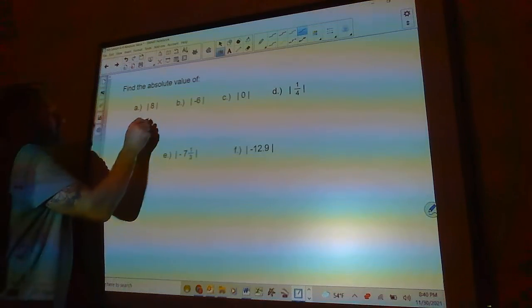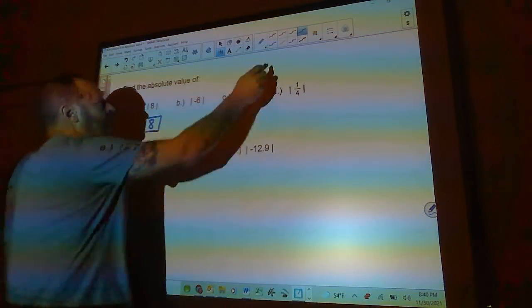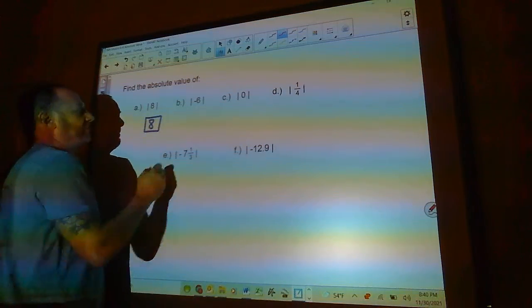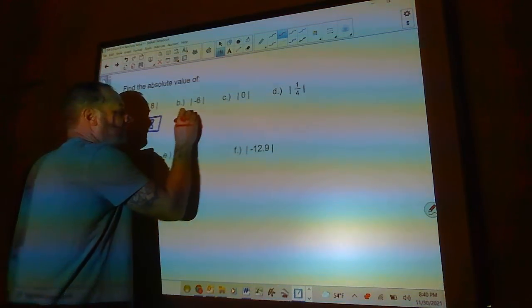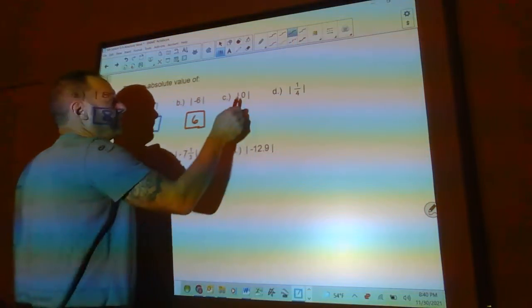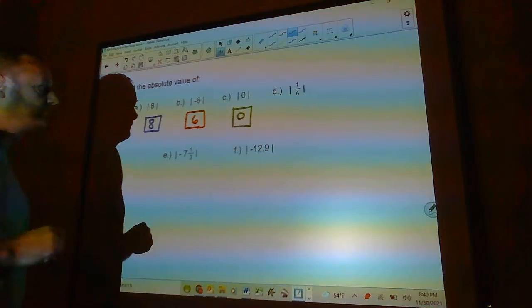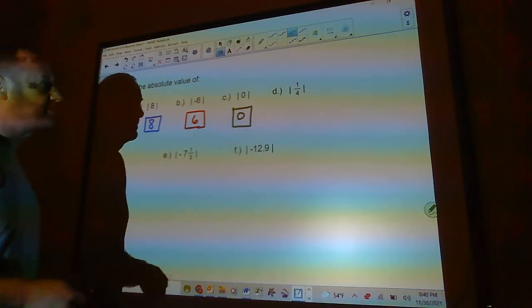The absolute value of 8, you should have gotten 8. The absolute value of negative 6 is 6. The absolute value of 0 is 0. The distance between 0 and 0 is 0.